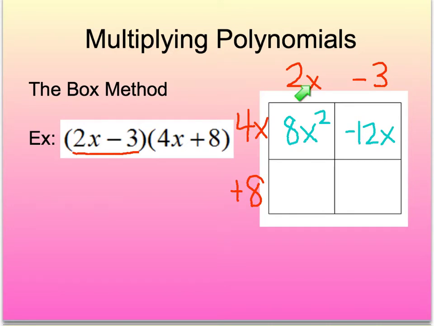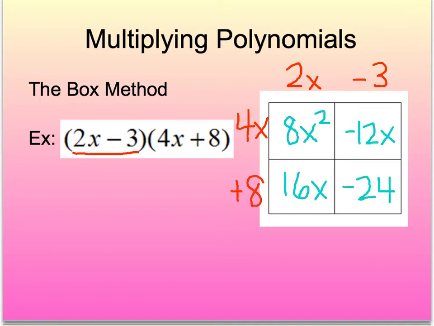Next, I'll do the 2x times the positive 8, which gives me positive 16x. And finally, for the last square, I'm going to do the positive 8 times the negative 3 for a negative 24.